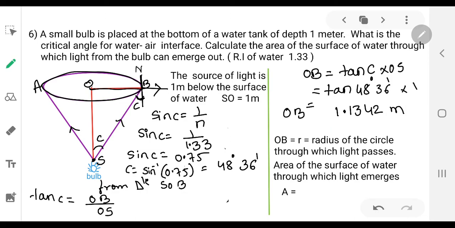Now we'll calculate the area. Area is equal to pi R square.